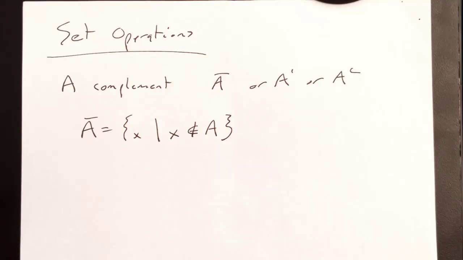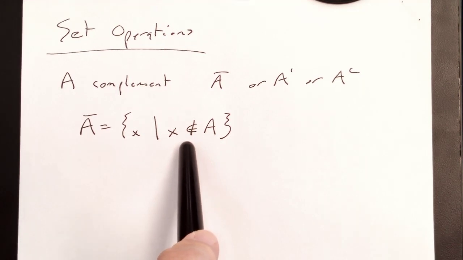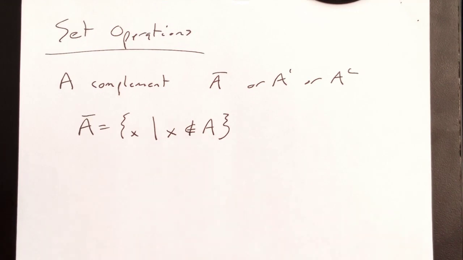I wrote it in set builder notation, but this is a logical idea here. A bar, the complement of A, is the set of elements X in my universe. What's that symbol mean? Not in, not belonging to, not an element of A. This is the set version of the not command.